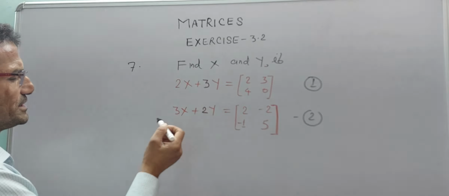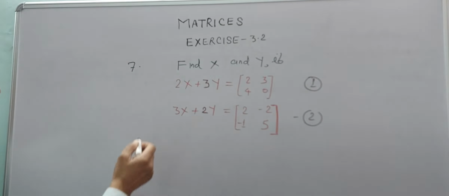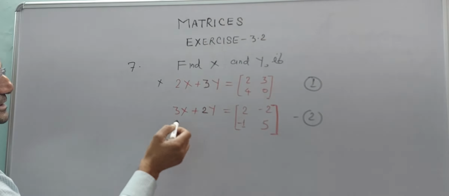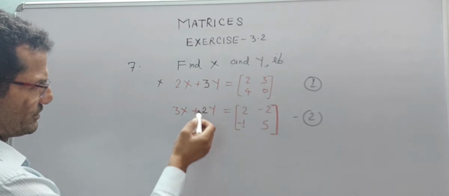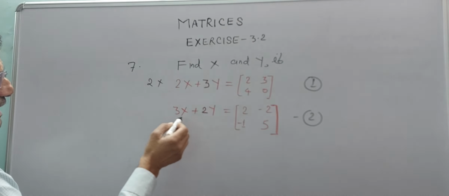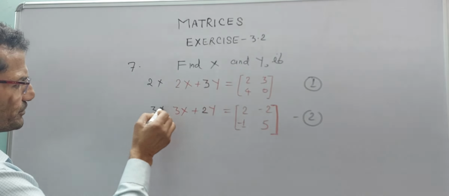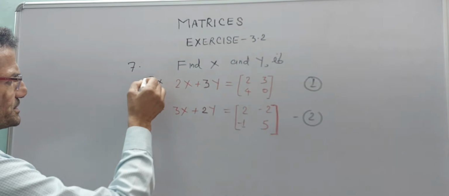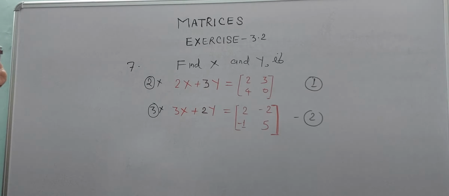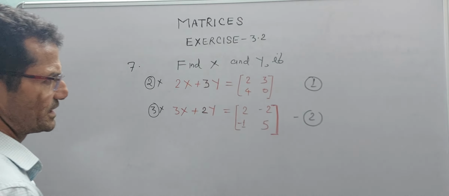If I am removing y and calculating x, we have to multiply the first equation by 2 and equation number 2 by 3. So if I multiply the whole equations, then we subtract the second and first.